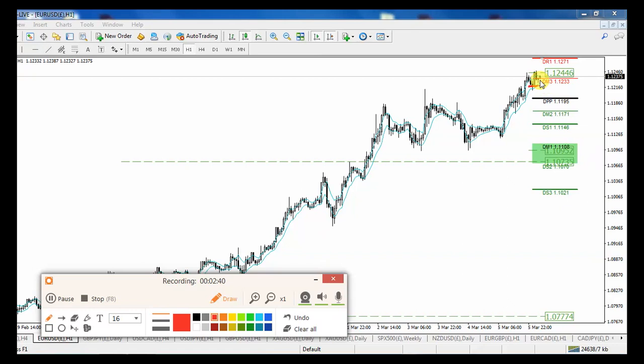It tried before, but it did not quite get in, and if the price comes down to this low, I will be looking to go long, around 112.20, and the stop would be just down to these lows. You're looking at around 10 pips, and the target would be this daily R1.